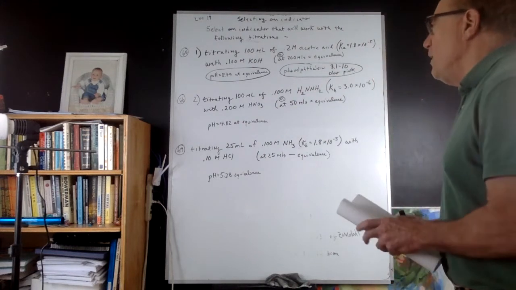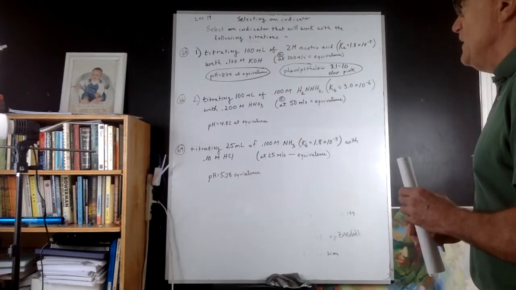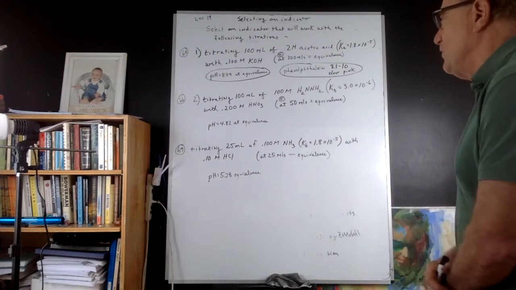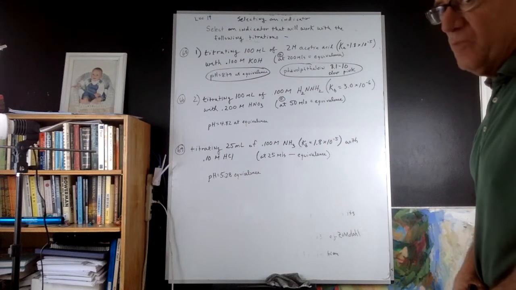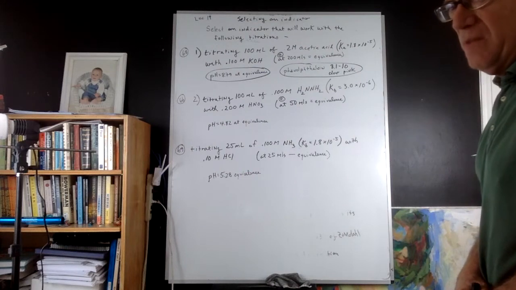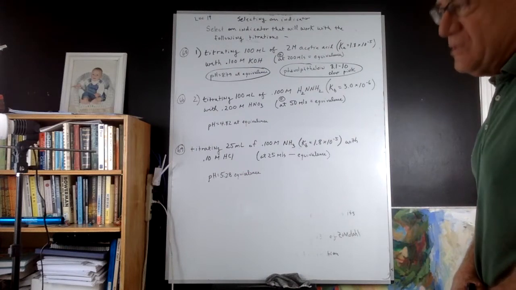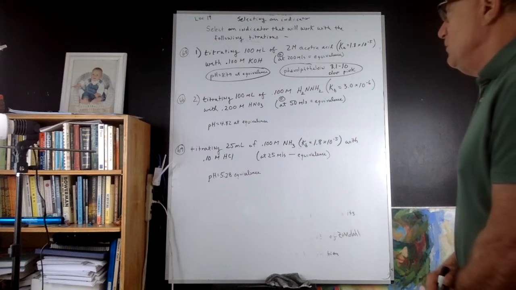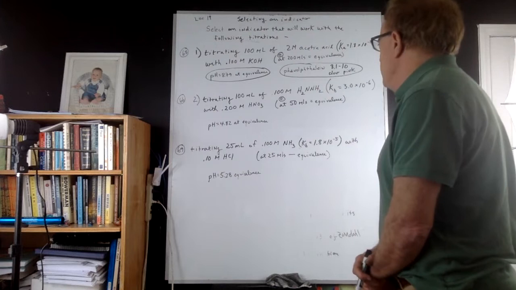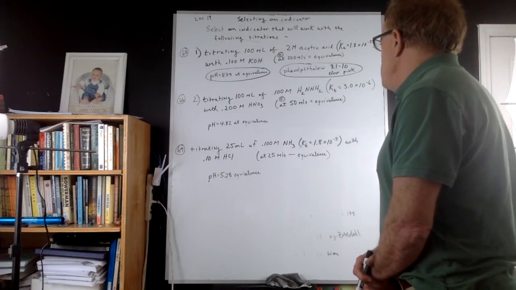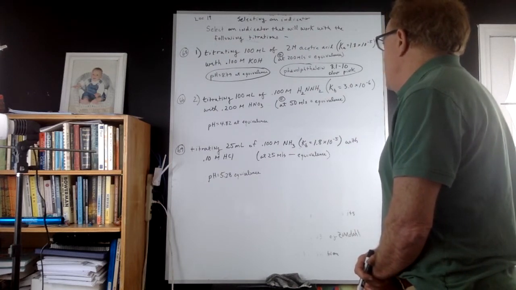Now in the second problem, it says select an indicator that would work well for titrating. Once again, you're searching for that equivalence point, and you're going to identify it by the fact that the beaker is going to change color when you get to equivalence. So now you're titrating 100 mL of 0.1 molar H2NNH2.